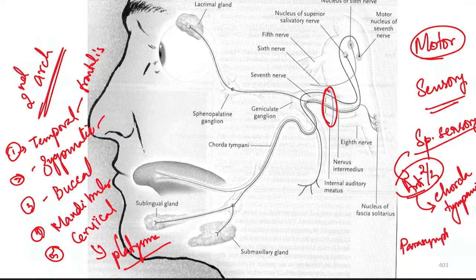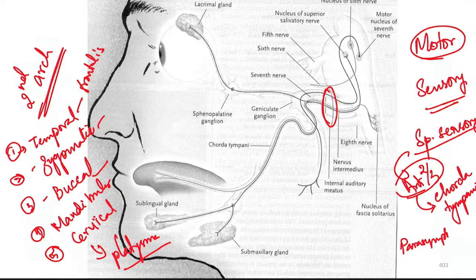Remember, don't confuse zygomaticus and the zygomatic branch. Zygomaticus is supplied by the buccal branch, and the zygomatic nerve supplies the orbicularis oculi. There's a slight difference. I'll share an image into the group later if possible, showing the motor supply of the facial nerve.